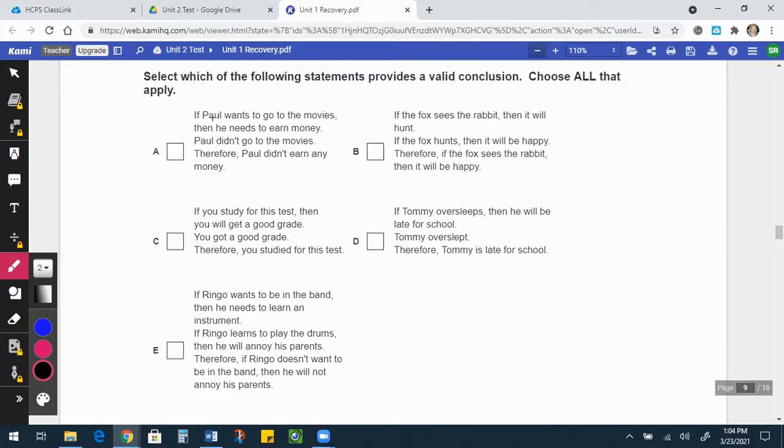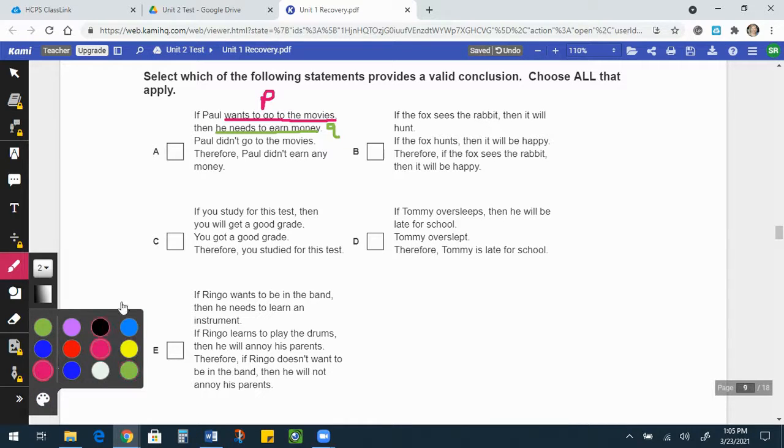All right, let's see what we have. A, if Paul wants to go to the movies, then he will need to earn money. All right, going to the movies is going to be P. Earning money is going to be Q. Paul didn't go to the movies.